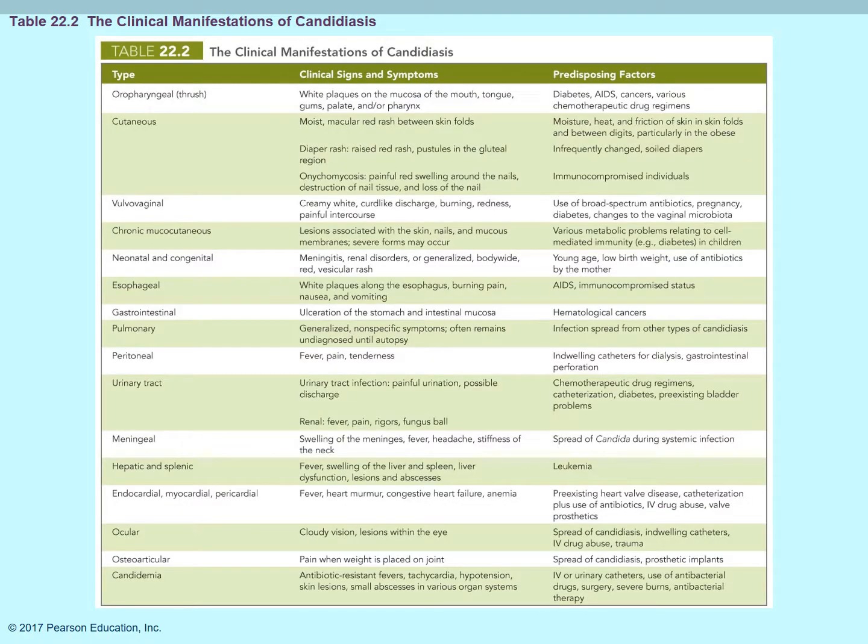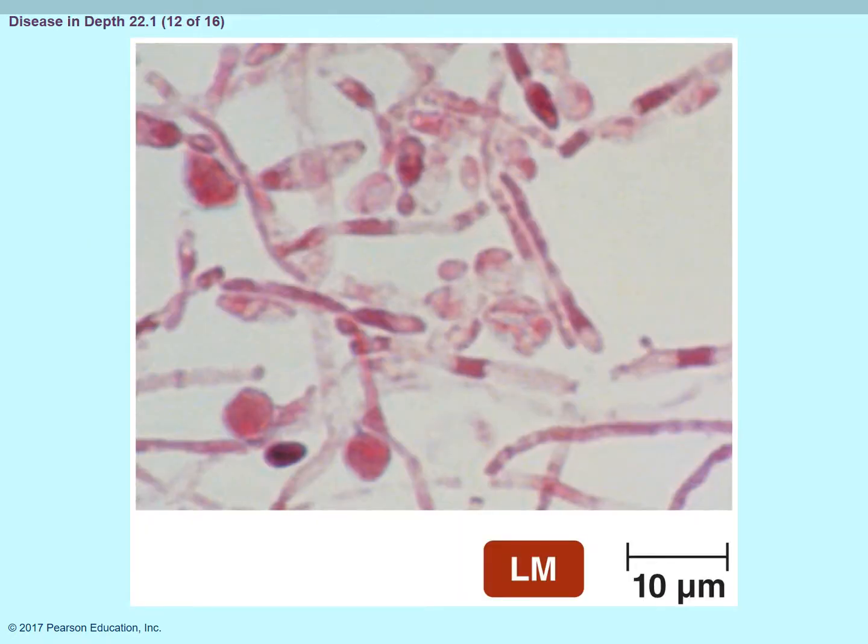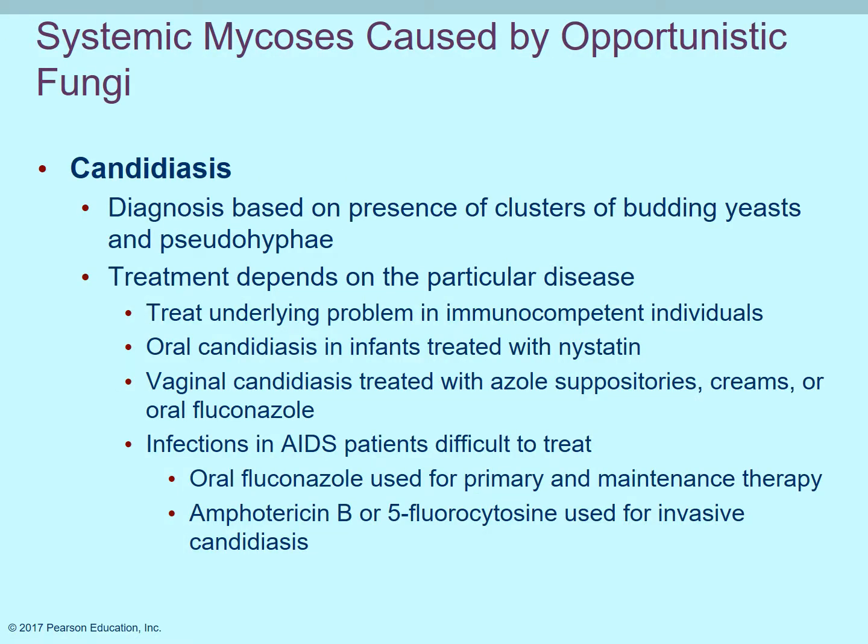And once again, here's a table showing the various types of signs and symptoms and disease that's caused. Once again, a slide of what it looks like. For identification or diagnosis, you would look for those yeast and the small structures we refer to as pseudohyphae.